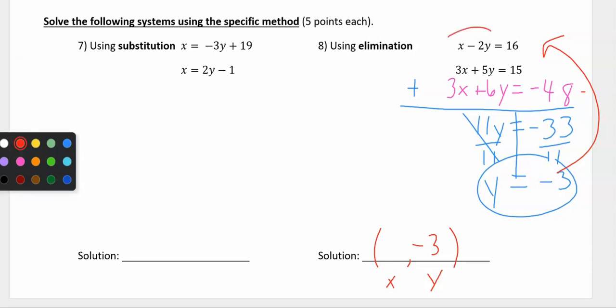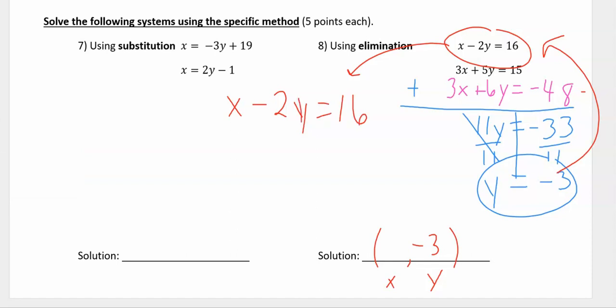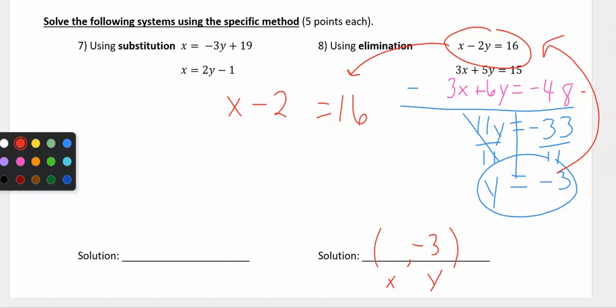Let me erase all that. So I'm going to plug it in right here. Maybe let's do the work over here. So x minus 2y equals 16. It's pretty plain. I like that. I know that y is -3. So I'm going to plug that in where y was, and use parentheses when you plug it in. That just means multiplying there. So be careful with your signs here.